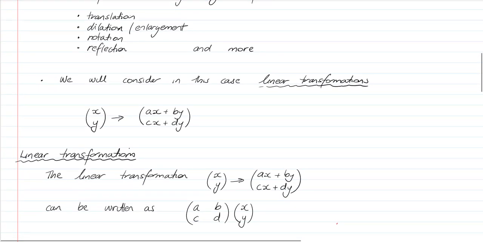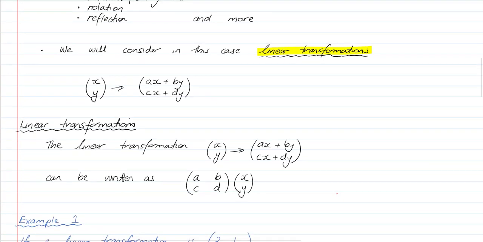So we're going to talk about all of these and more. We're going to be talking mainly about what we call linear transformations. Some of those main transformations do break out of the mold, but most of them are going to fall into this one single mold that we're going to talk about now. So if the coordinate (x, y) is taken to some number of x and some number of y, it is a linear transformation of the original coordinates.